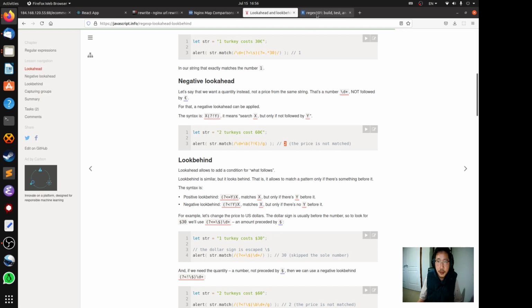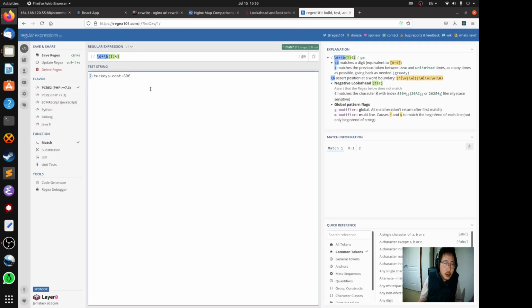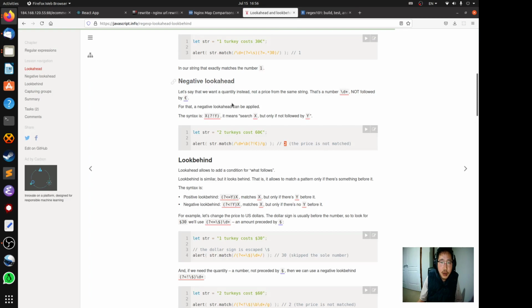Let's see why. We first start again with one or more digits. It could be this one, or, yeah, we are looking at the negative look ahead.